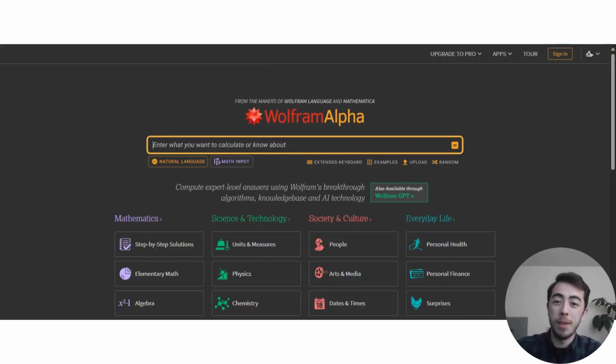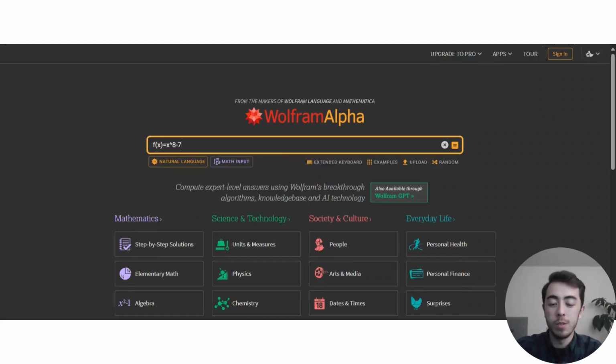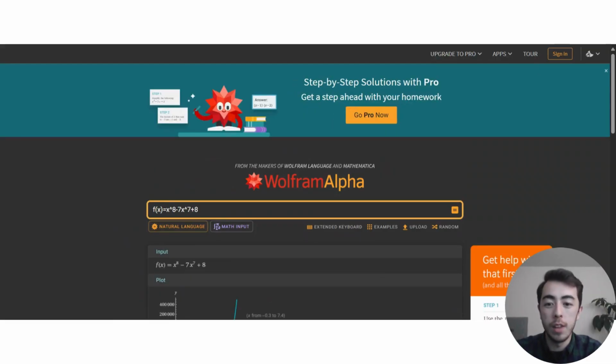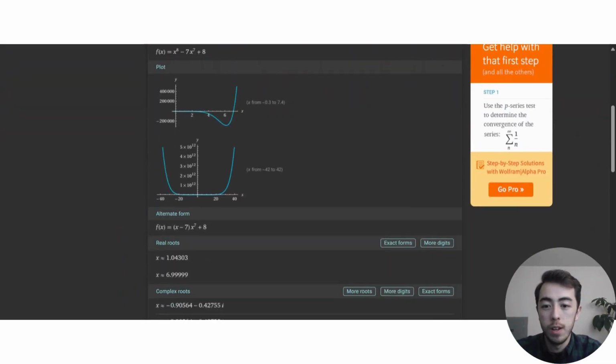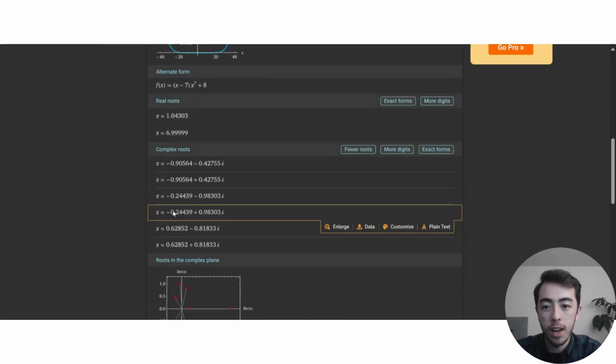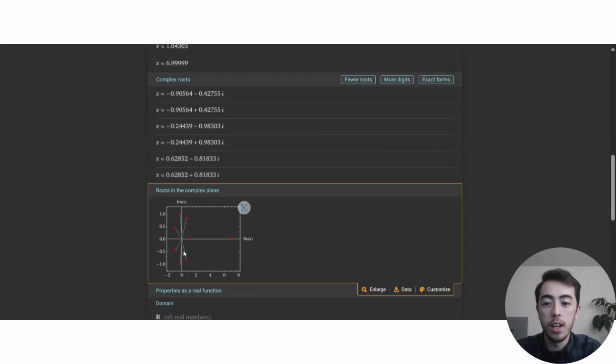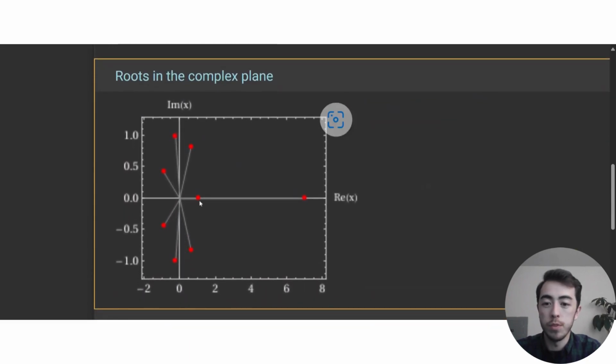And so here I'm asking my handy dandy Wolfram Alpha. This is my other online calculator that I like to use. And this one does understand complex numbers. And this one will help us find the other 6 missing roots. And there they are. So I have 1, 2, 3, 4, 5, 6 complex roots. And you can even see that they graph these roots for us.